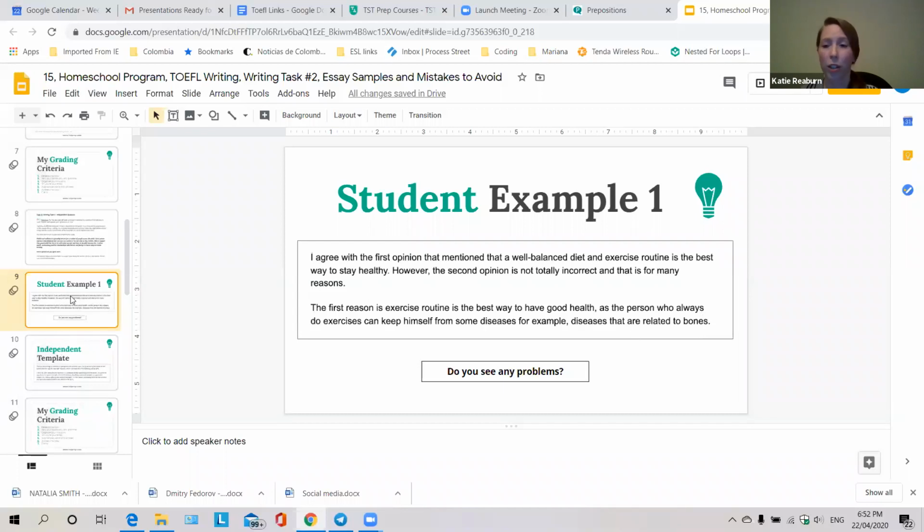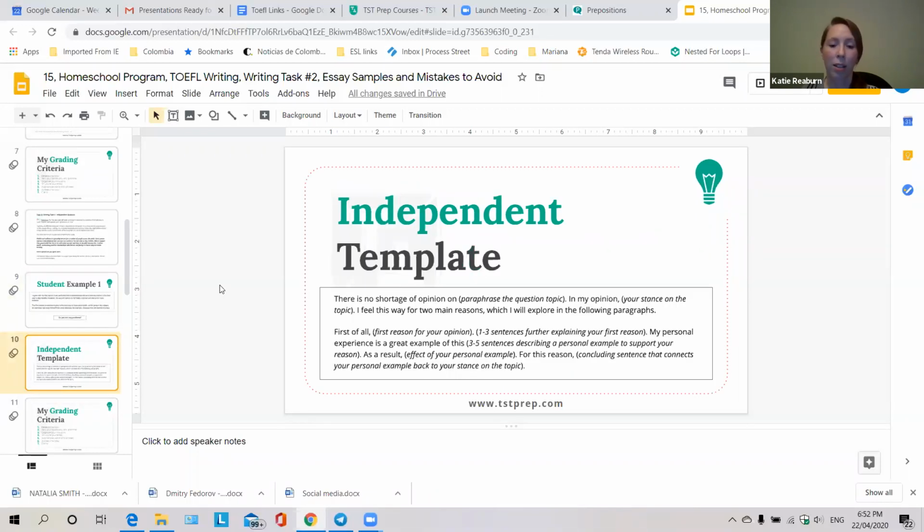Okay, so to help you develop, we have a template. Here it is. This template shows you what you need in your introduction. You can see that the introduction has 3 sentences. You're going to have an opening sentence here. You're going to say what your opinion is on the topic. You don't need to go into detail about what your reasons are here.